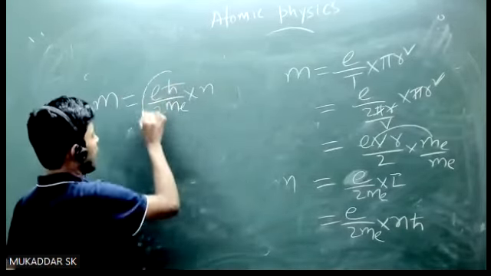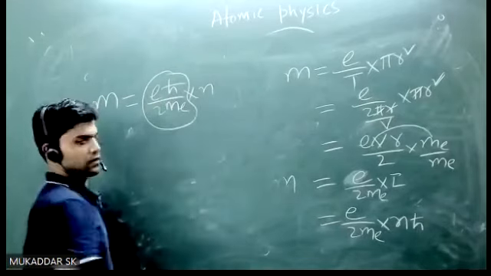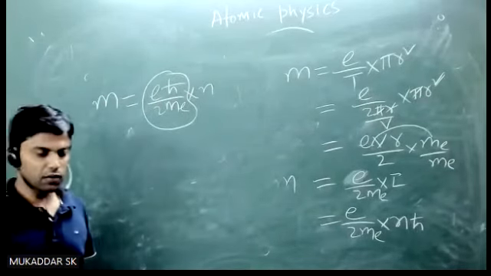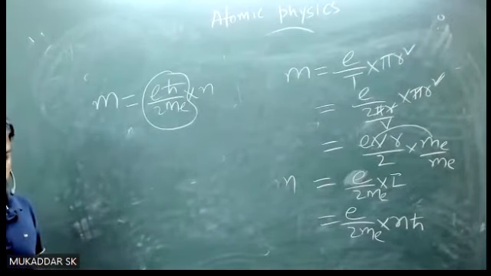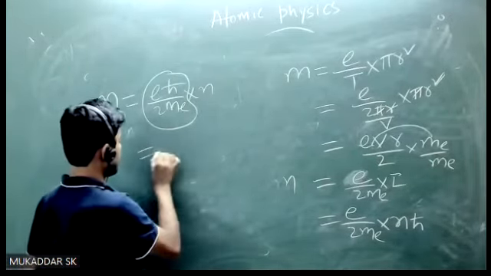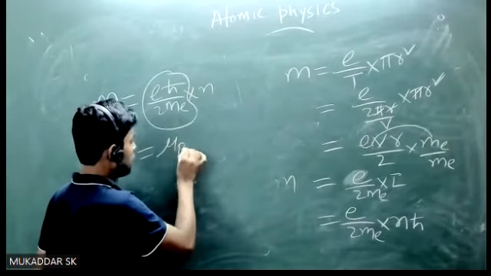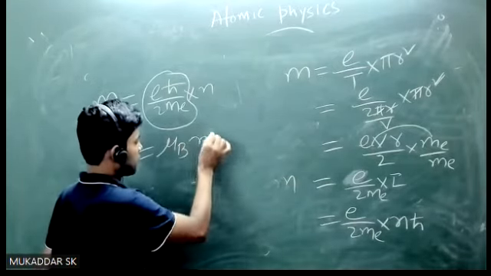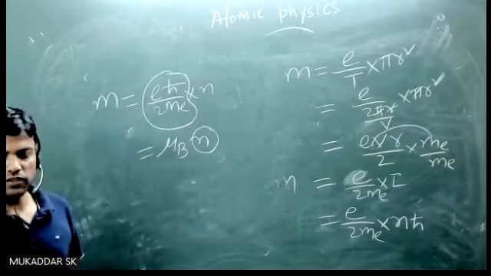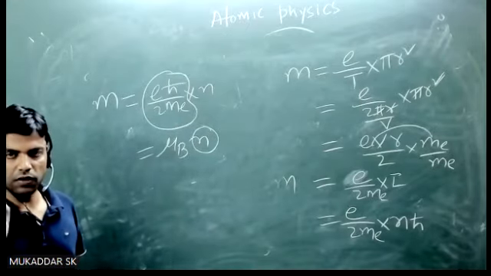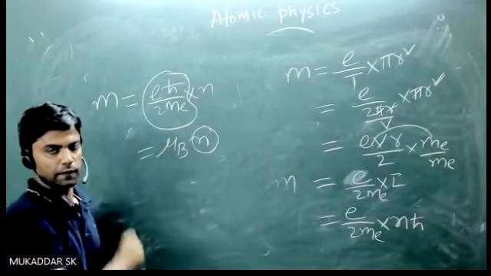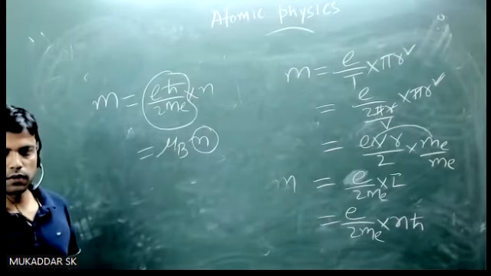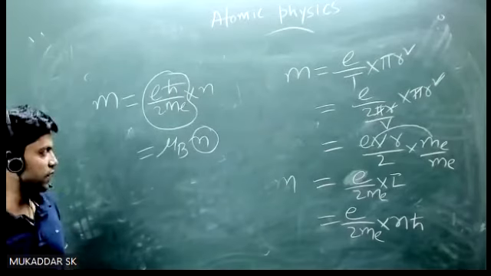And e h cut by 2m_e is known as the Bohr magneton, denoted by mu B. So the magnetic moment is n into mu B. For the ground state, n equals 1, the magnetic moment will be simply mu B. Is it clear to all what I am saying?